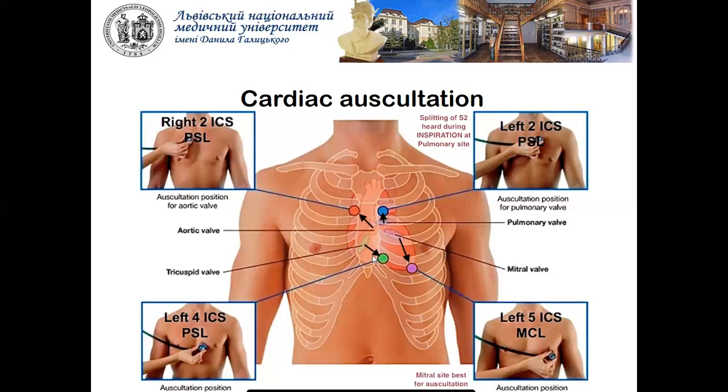Number 4 here, it will be point of hearing of tricuspid valve. Well, it's over the xiphoid process of breastbone. Actually, we have one more, it's not visible in this picture, but I give it to you.